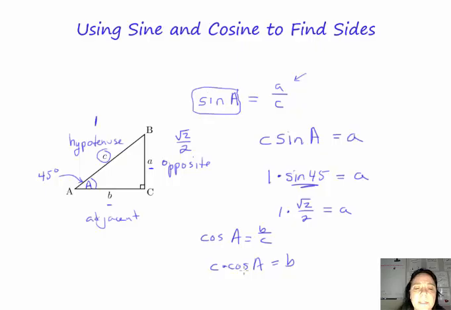Since 45-degree angles give me an isosceles right triangle, because the sum of the measures of these angles must be 180, and this angle's 90, and this angle's 45, that leaves 45 for angle B, and the adjacent side is also going to have a length of the square root of 2 over 2.